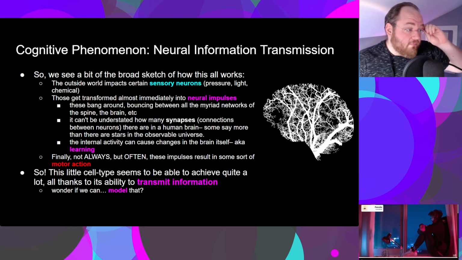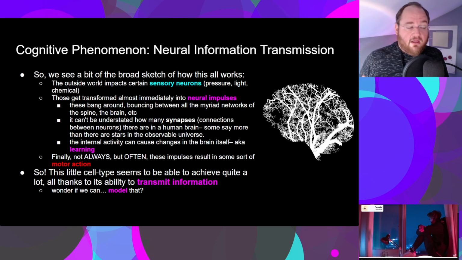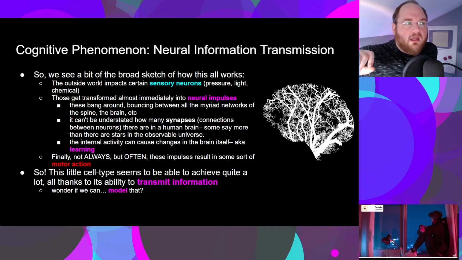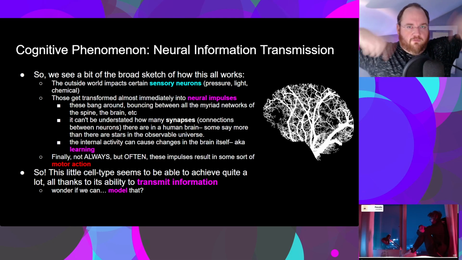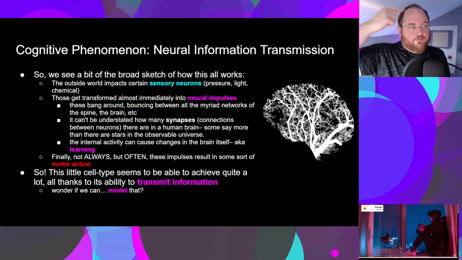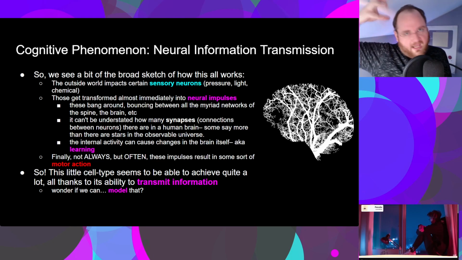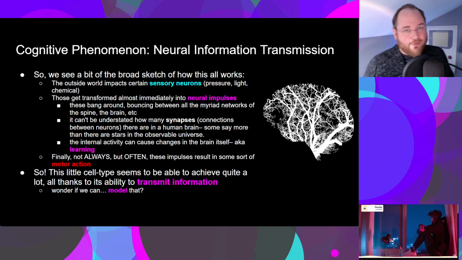And then the final thing is sometimes internal activity can cause changes in the brain itself. Oh, sorry, not final thing. This is an important sub-bullet. I just framed it as information comes in, information does thing, information goes out. Another thing that can happen is that the information can just change the connections in your brain, right? That's what we call learning. So you're doing it right now.